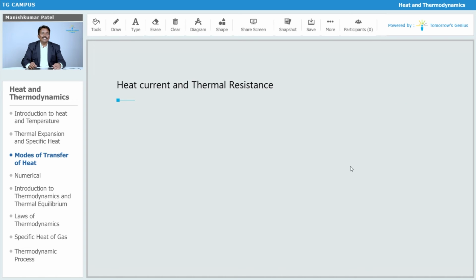Now let's see what the heat current and thermal resistance are for this particular case. We know that V is equal to IR, which we will now compare with the electrical analogy.